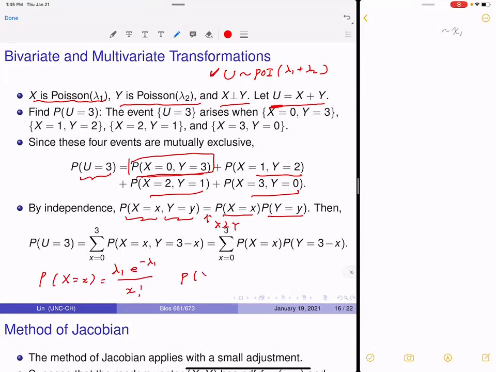That's the probability of x. Then the other one, y is Poisson lambda 2, e to the minus lambda 2. Then you just plug in and use the PDFs to calculate the Poisson PDF.